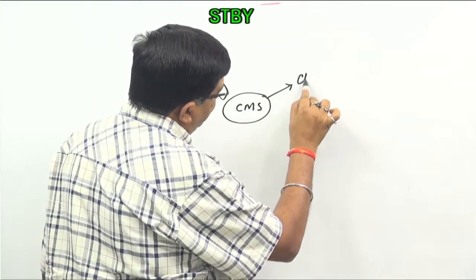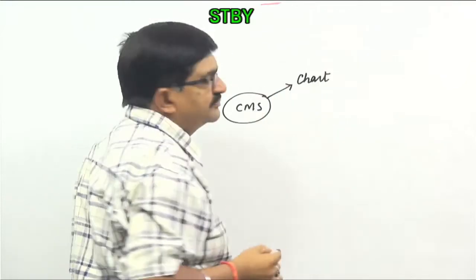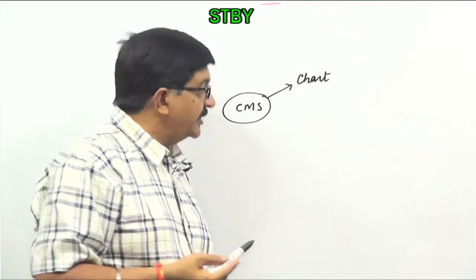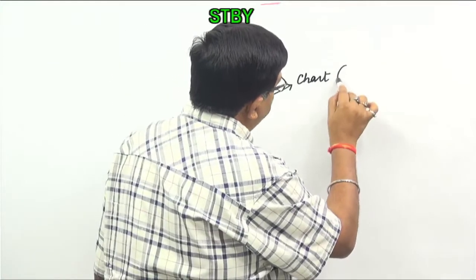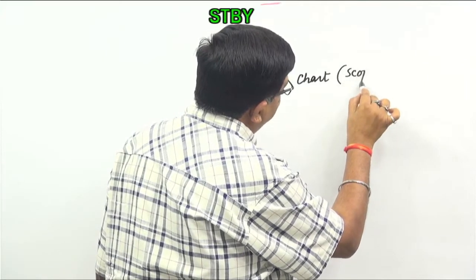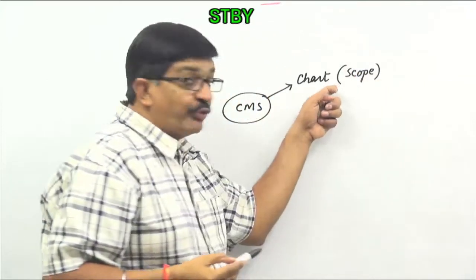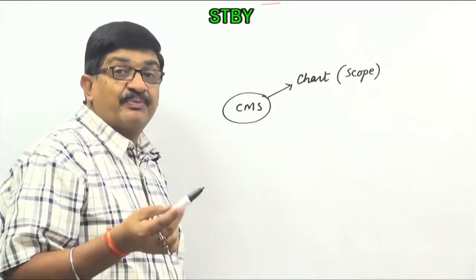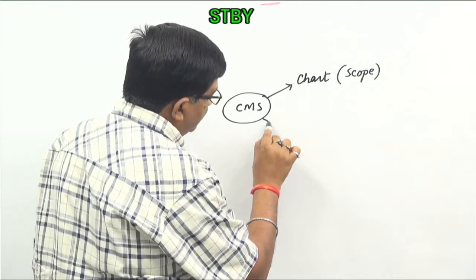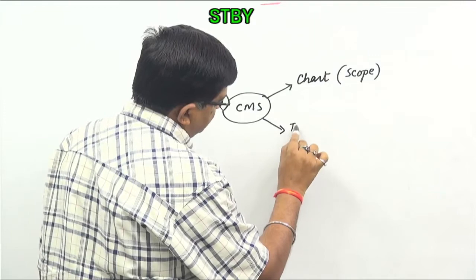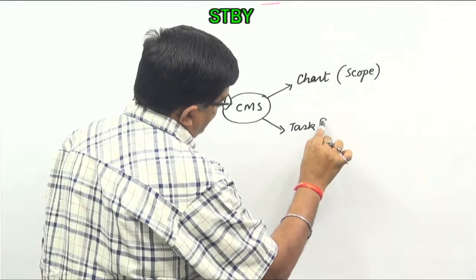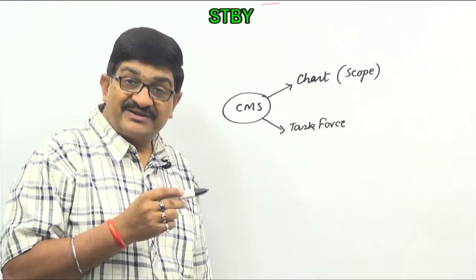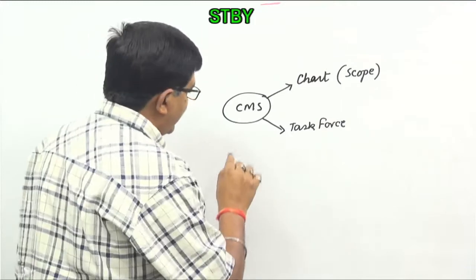Number one, you need to prepare a chart of all the applicable laws in the organization, or you can also say the scope of compliance management, and this is what I'm going to discuss in detail in this video. Once the chart is prepared, then number two comes task force, then training, compliance, right?